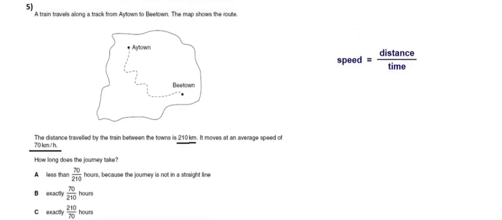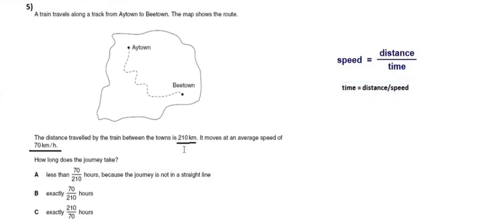So we know that speed is distance divided by time. If you rearrange this formula, time goes to the left-hand side and speed goes into the denominator. So time will be equal to distance divided by speed. How much distance is it covering?